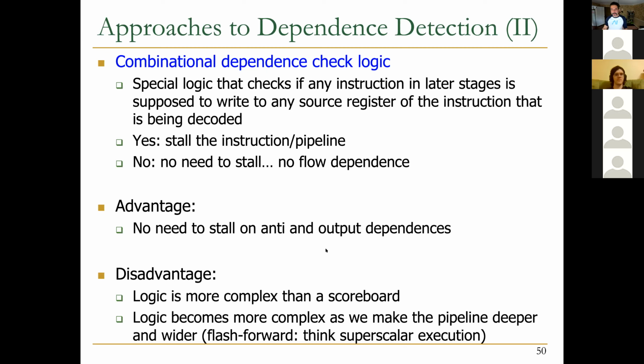And that's why you see deeper and wider. Deeper meaning having more stages that you need to do, and wider meaning checking the dependency between instructions.